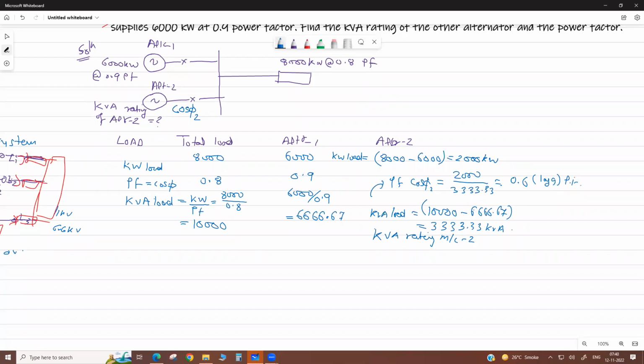So this is the question. But sometimes they ask for the kilowatt and kVAR load also. Then we use tan phi. If they ask the kVAR also, we can calculate the kVA rating here also.